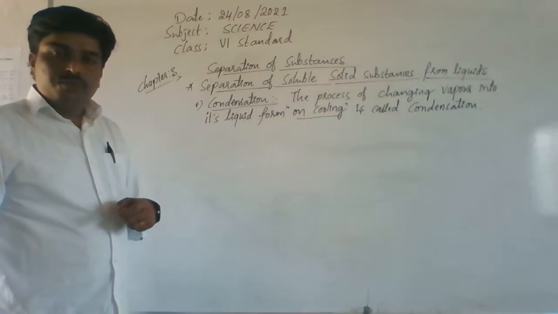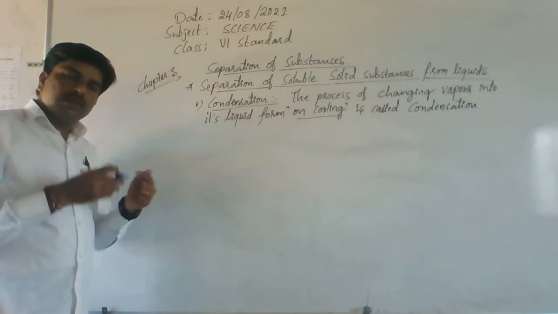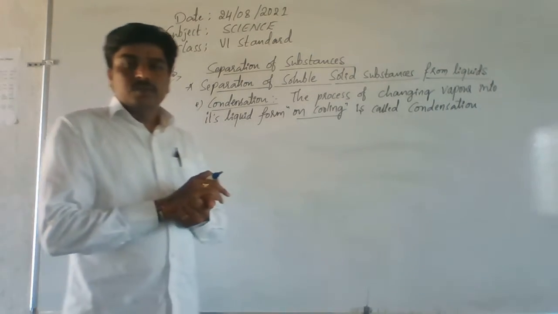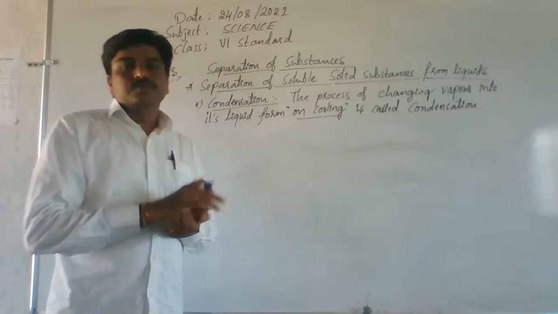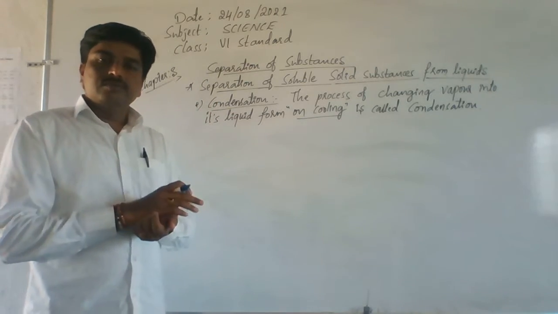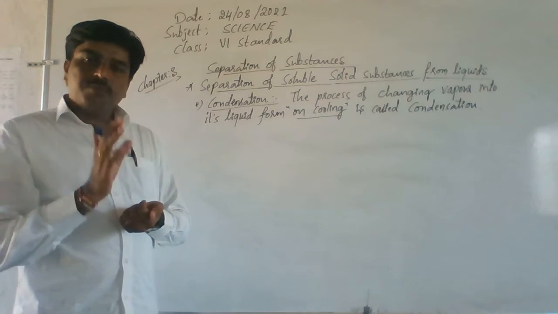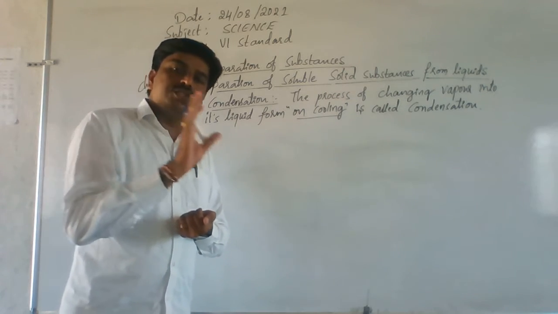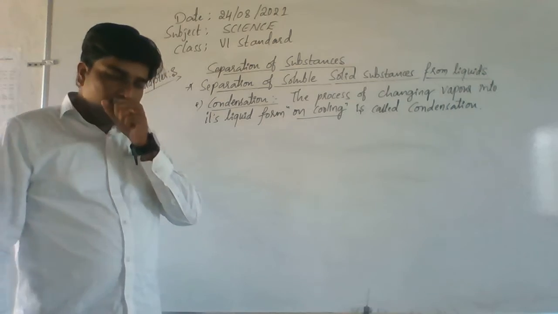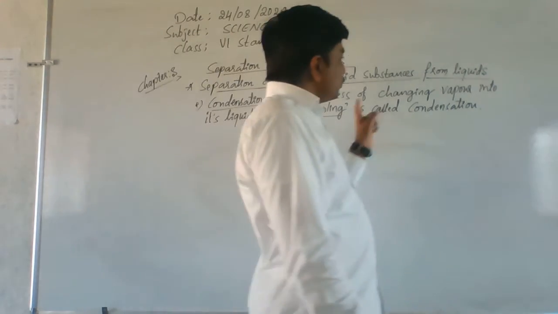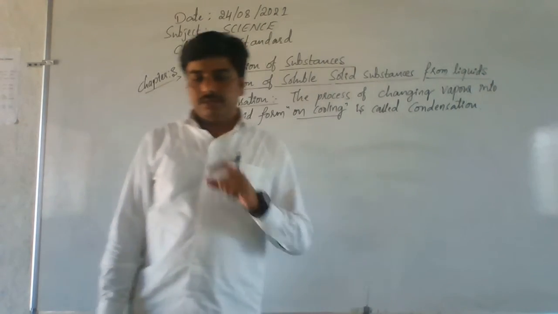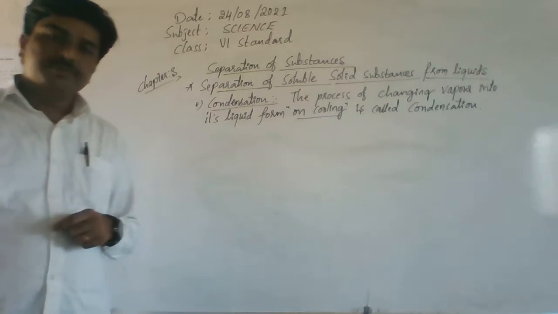If you want to convert gases or vapors into liquid, you have to cool them. When you cool them, they can easily turn into liquid form. That process we call the condensation process. So it's the second method of separation.